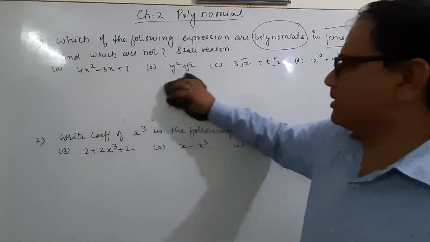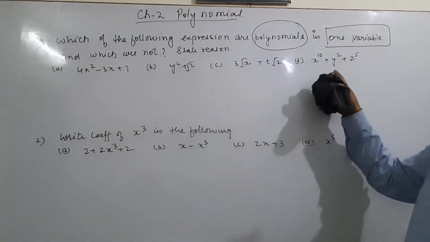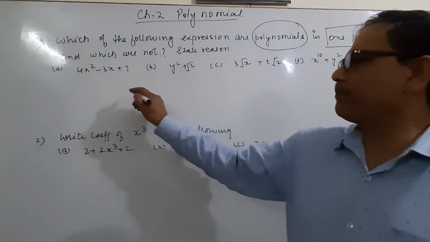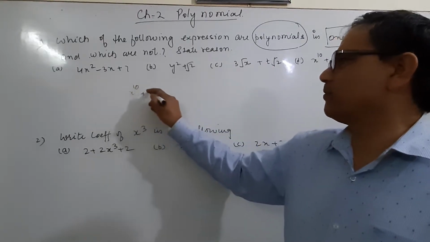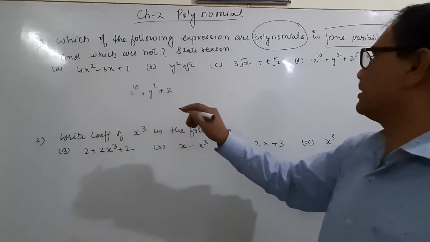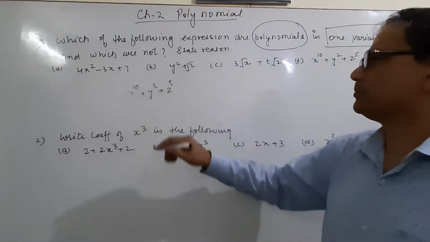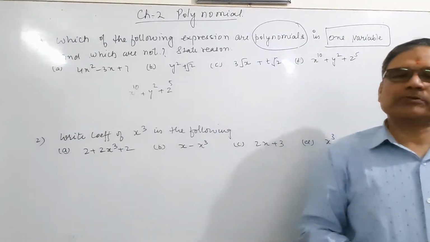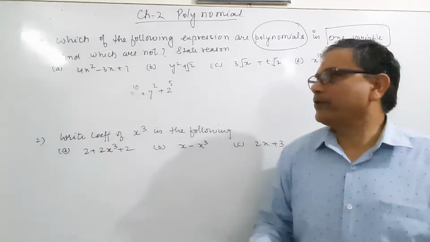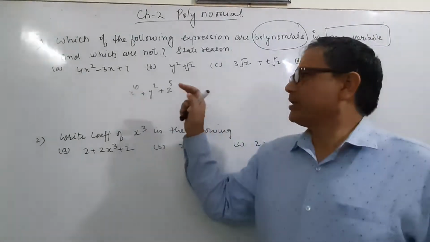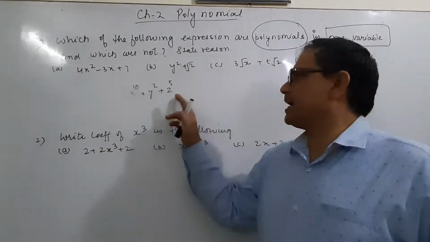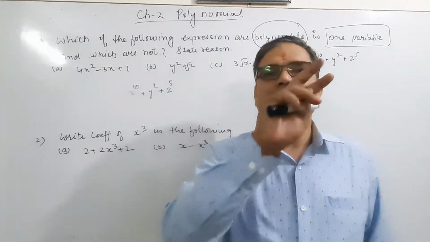The next one is x power 10 plus y power 2 plus z power 5. Is it a polynomial? Yes, it is a polynomial. But what is x? One variable. What is y? Second variable. What is z? Third variable. It means it has three variables.